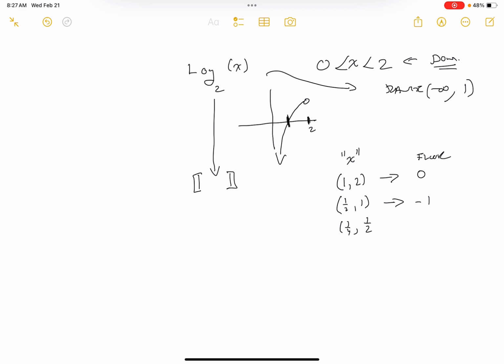And someone says, what are you doing over here? This is 2 to the 1. This is going to be 2 to the 0. And then I get 2 to the minus 1, 2 to the minus 2, and so on. That's all I'm looking at. What's this floor going to drop to? Minus 2. So forth and so on. And the next one, 1/8 to 1/4, is going to drop to minus 3. I think you get the idea of what's happening over here.